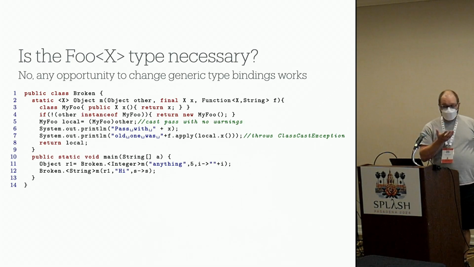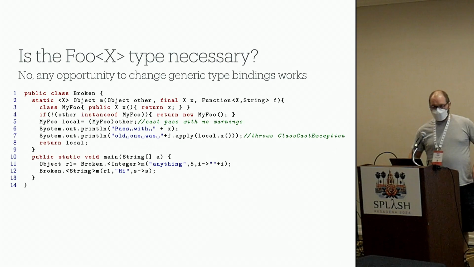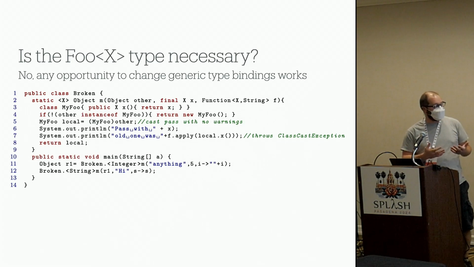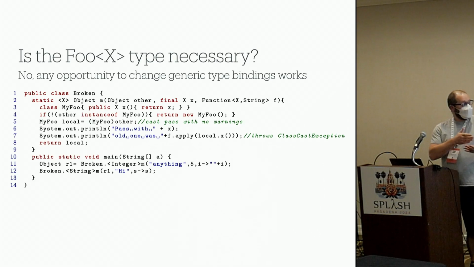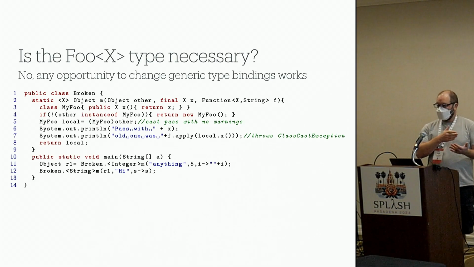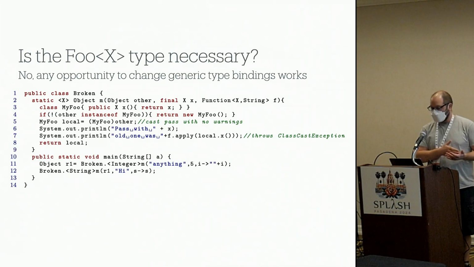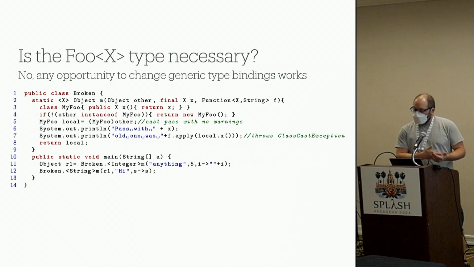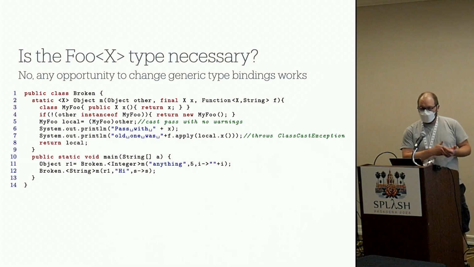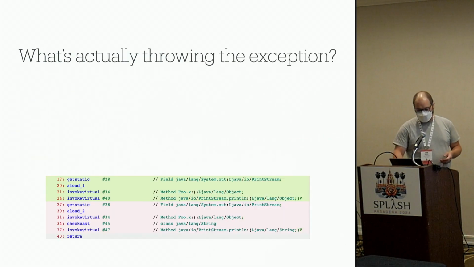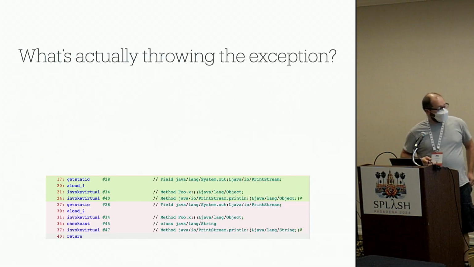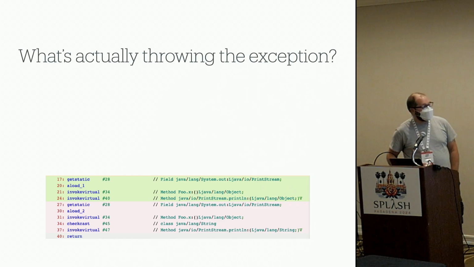So a natural question here is, on the previous slide and here, we end up in this case where we have a variable that points to the wrong instantiation of my foo's implicit generic parameters. What actually throws the exception when we run these example programs? So, courtesy of Compiler Explorer, there's some JVM bytecode down here.